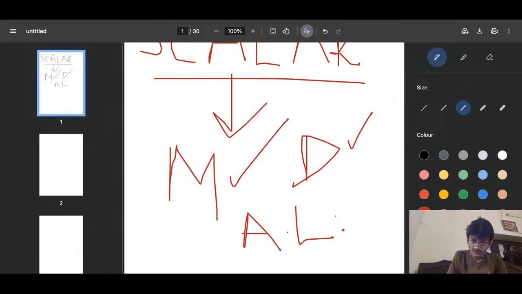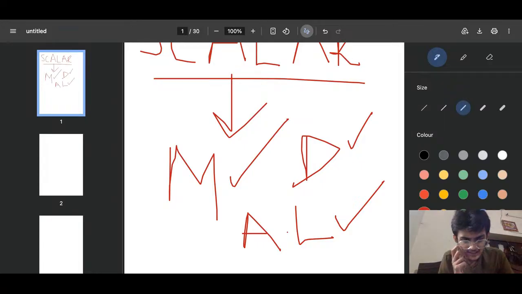Algebraic law means simple addition and subtraction that you know. If I'm saying mass is a scalar quantity, what does it mean? 2 kg plus 2 kg is 4 kg. That's the simple algebraic law.